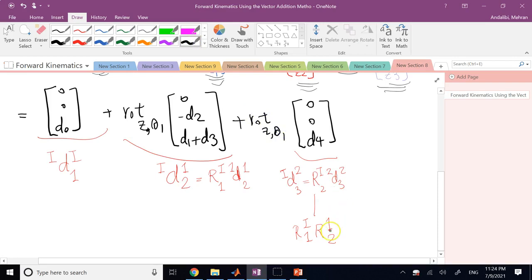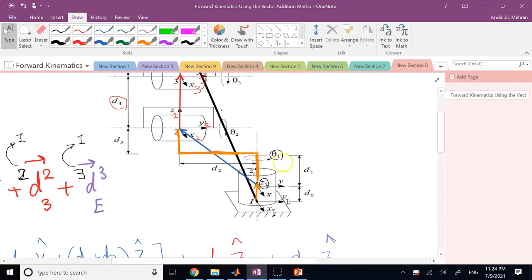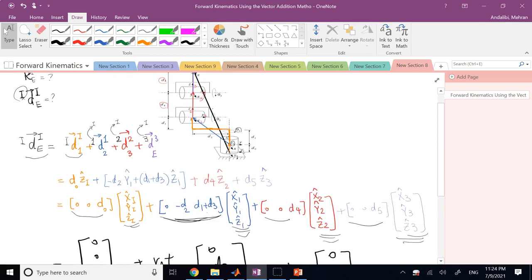And now, how do you go from 1 to 2? Is there a rotation involved between 1 and 2? And you clearly see, yes, there is. Right? So now what you have is a rotation of y and then angle theta 2, correct? That's what you have.